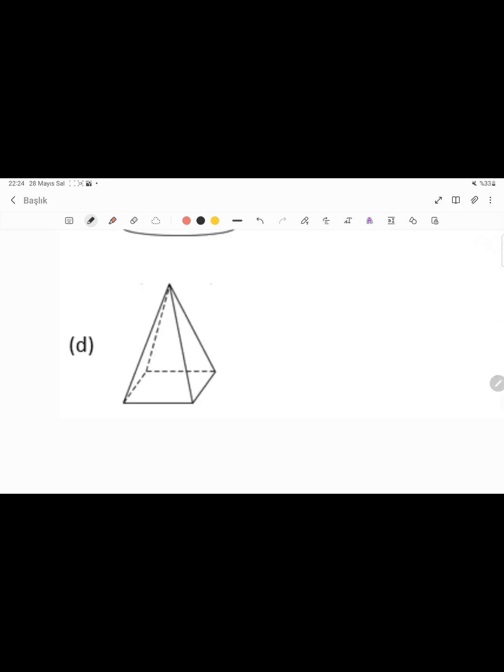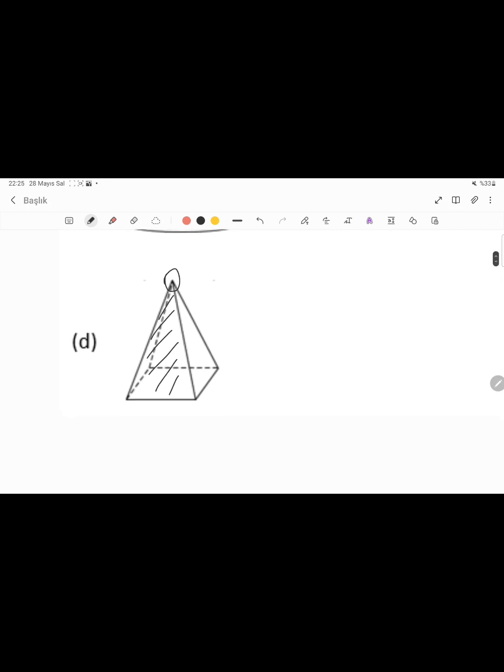It has one apex, lateral faces, one height, a square base, and also edges.